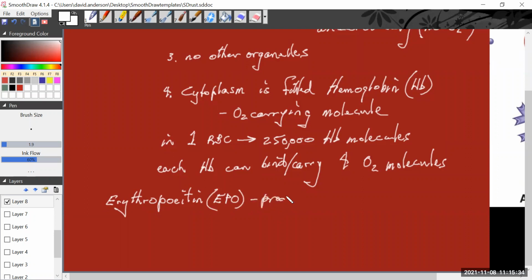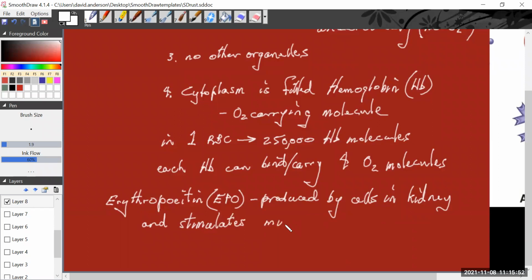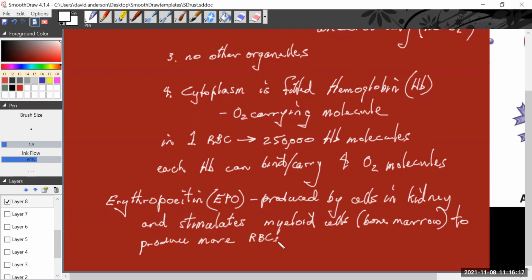It's produced by cells in the kidney and stimulates the myeloid cells in bone marrow to produce more red blood cells.